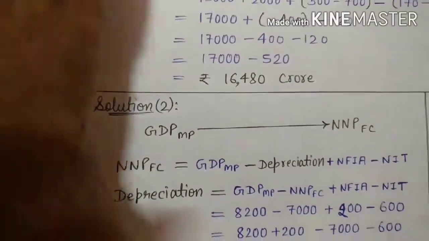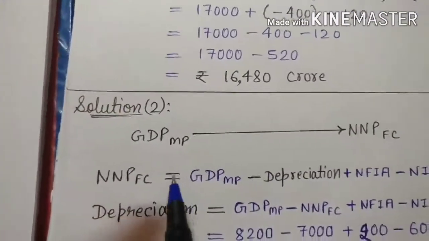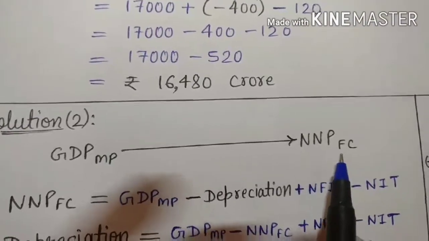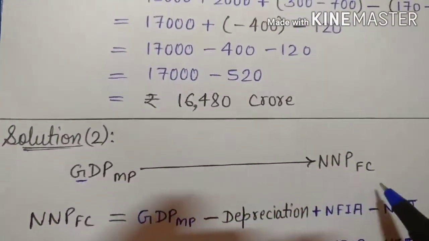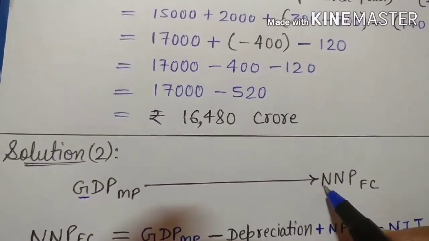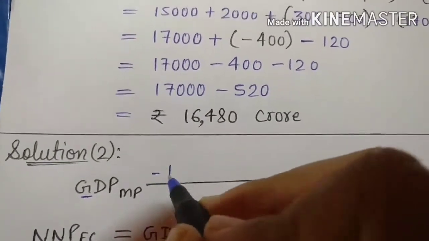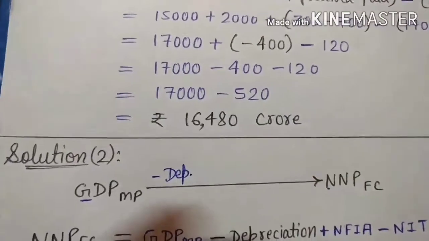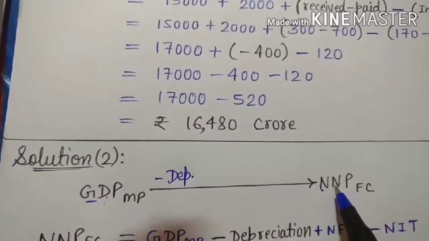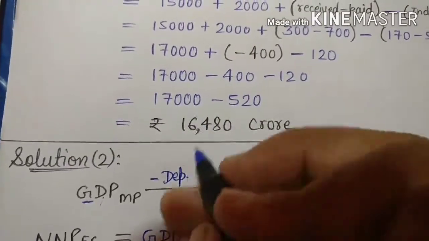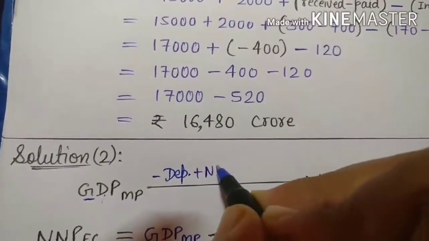Now if we convert gross to net, we will subtract depreciation, then from domestic to national, we add NFIA.